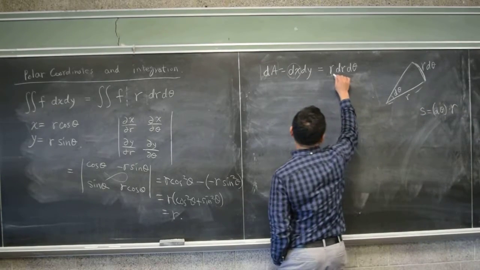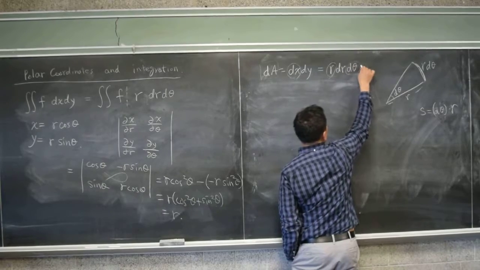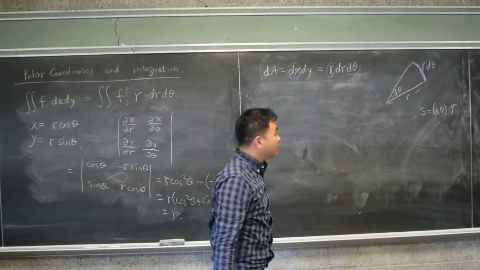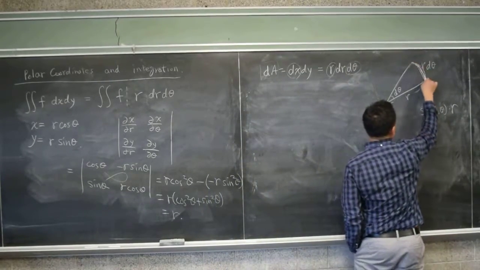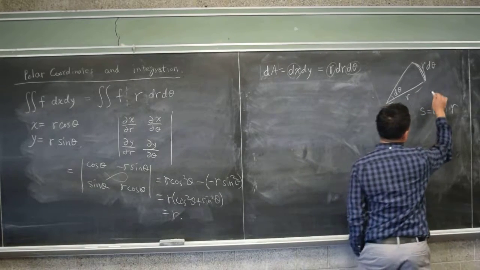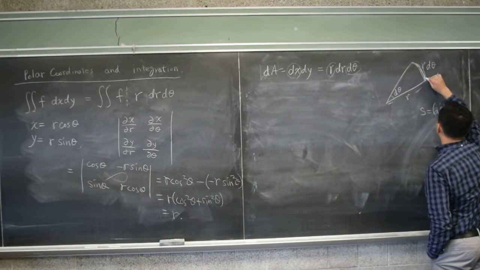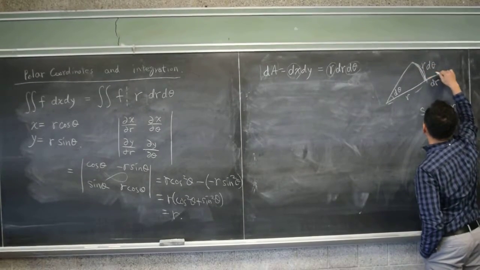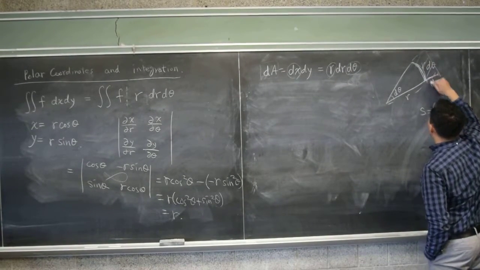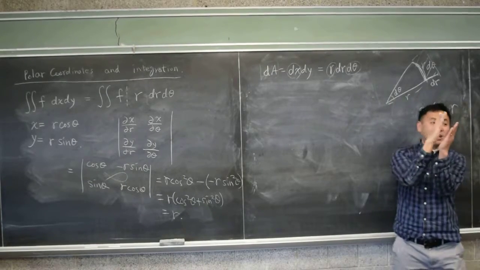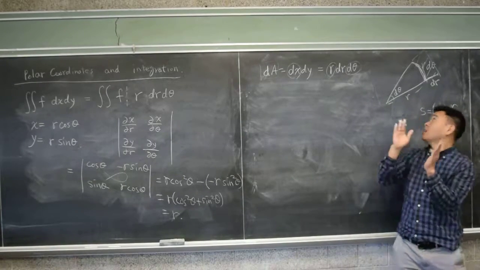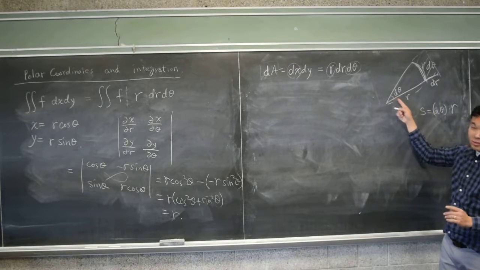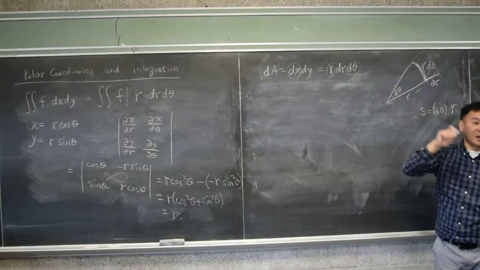So when you see this, really what's happening is r times d theta is this length here. And then what is dr? Dr is a very small increment in the r direction, so that's dr. So if you multiply this with this, you get this area, because this angle is so small, although this is curved, if this is very, very small, it's almost like a straight line.